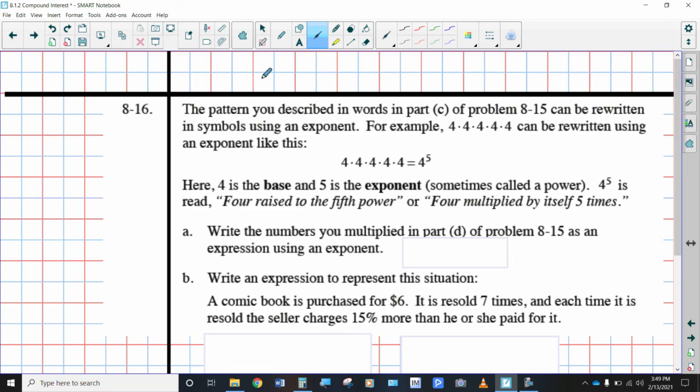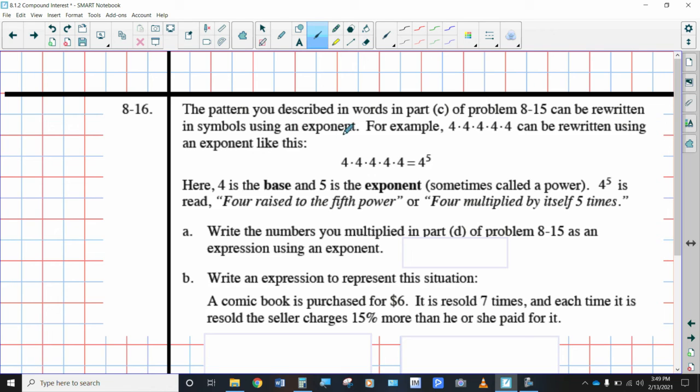All right, so let's just get some generic rules down here. We already talked about the powers being part base, part exponent. So the pattern you described in words in problem Ch8, 15 can be rewritten using symbols using an exponent.